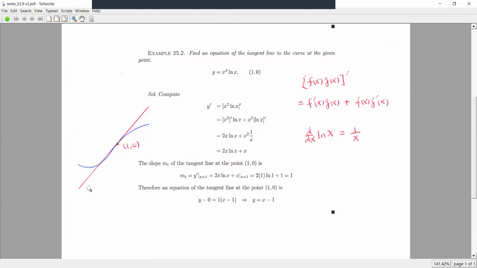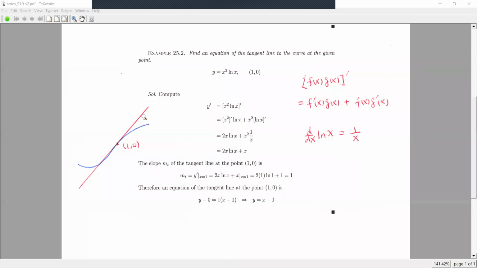At this point, there is a tangent line, and we need to write down the equation of the tangent line. About this tangent line, now we know one point on it. We need to determine the slope of the tangent line. Then, by the point slope formula, we can write down the equation of the tangent line.